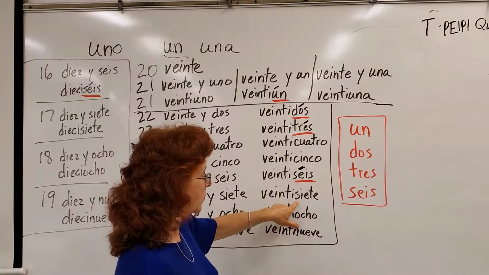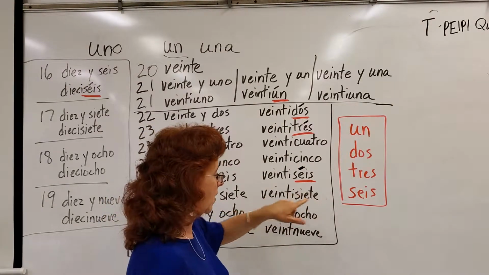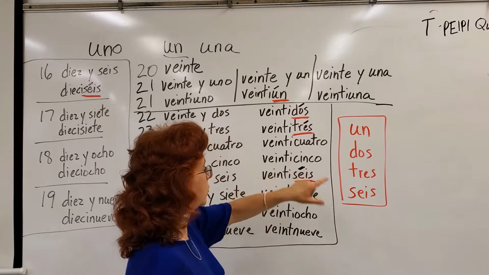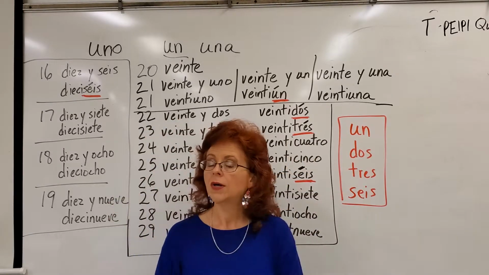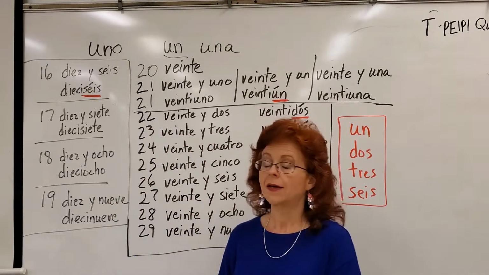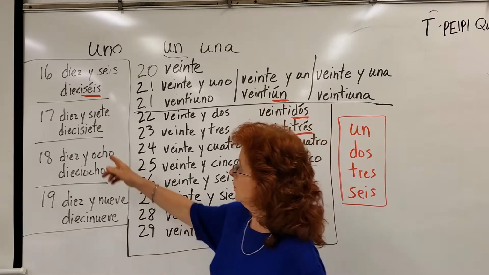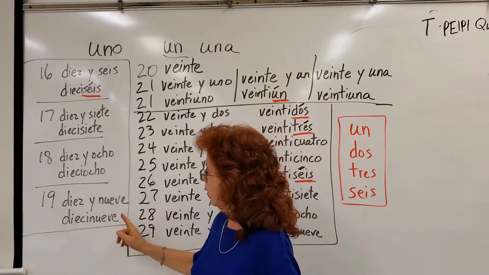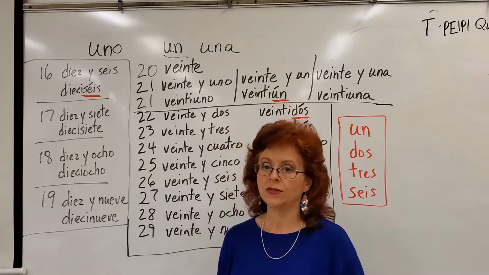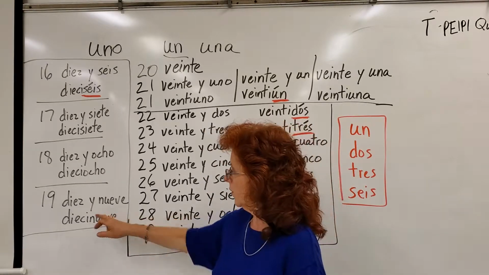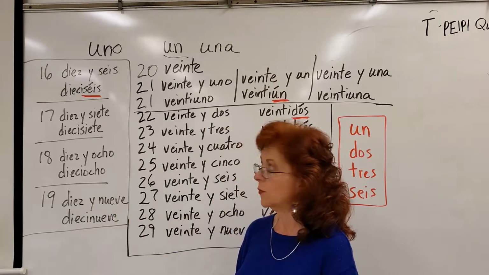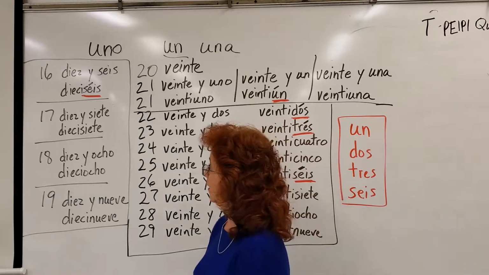But the other numbers are two syllables. Siete, ocho, nueve, cinco, cuatro. No adding an accent mark in the new way. Same over here. Siete, ocho, nueve, 19. There's no accent needed on that word 9 because it's a two-syllable word and no accent would be required in that case.